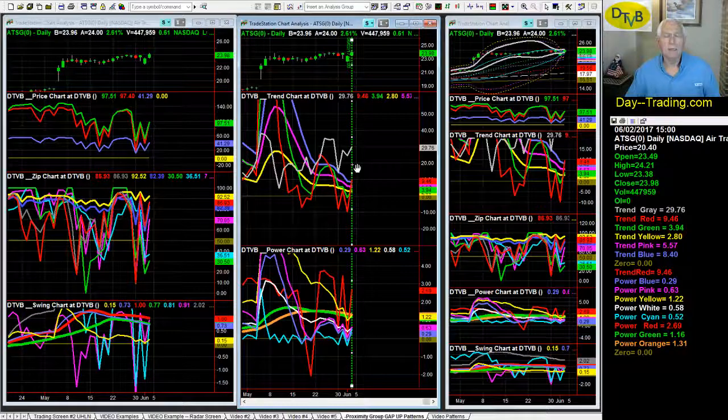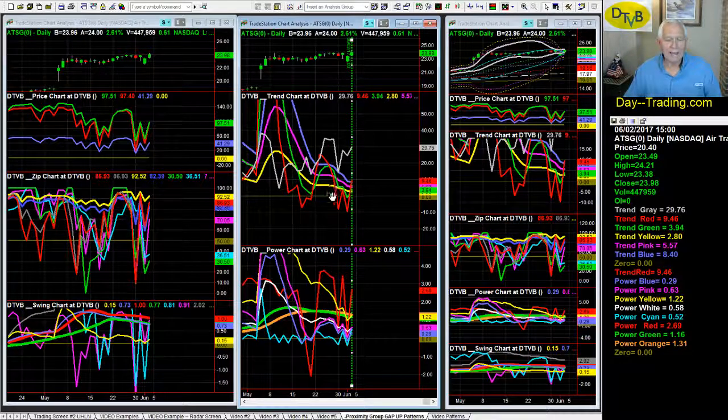Trend gray usually bounces near around zero, which has a tendency to pull it back, and because of the distance between the two, it's basically a type of divergence, if you will, in that it's a large separation.